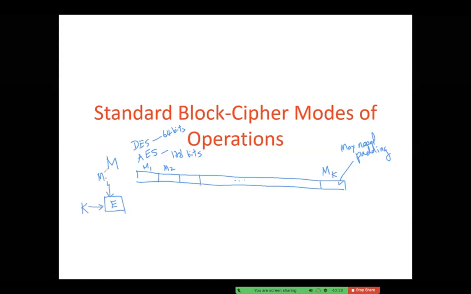To apply this encryption on each of these blocks, one simple way to do it is to do it individually. So it's going to be C1, and a K here. Let me put a K here.